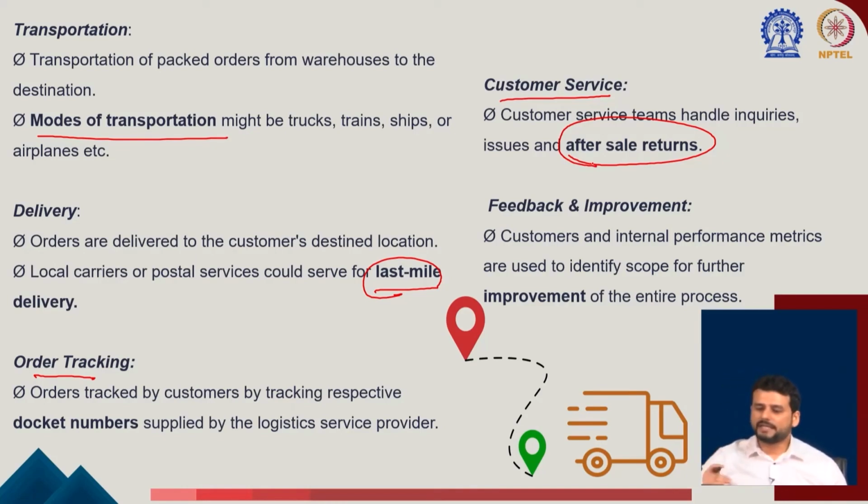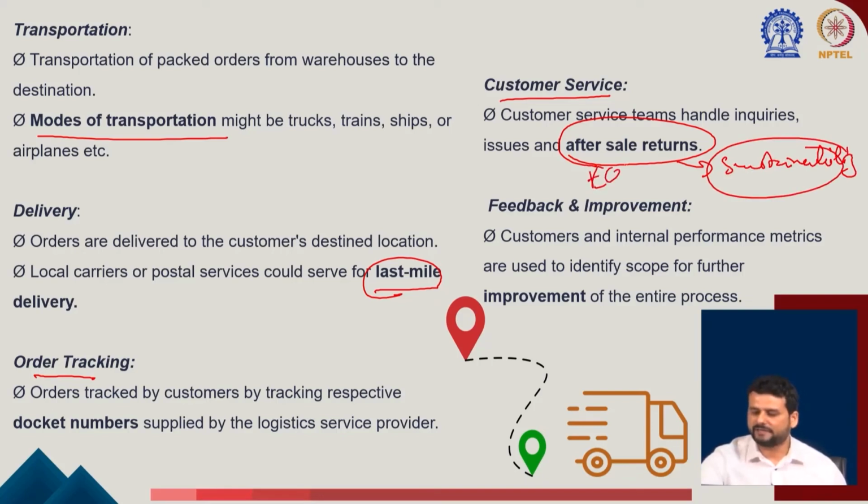Or the third thing, which leads towards sustainability: what is happening in the end stage of life? At the end of life, what are you doing with that product? If you are promising something to the customer, at the end stage we will take your product and maybe compensate in some way, right?